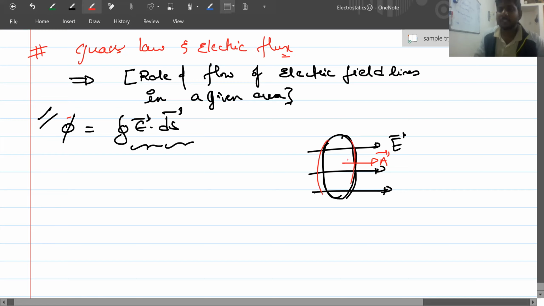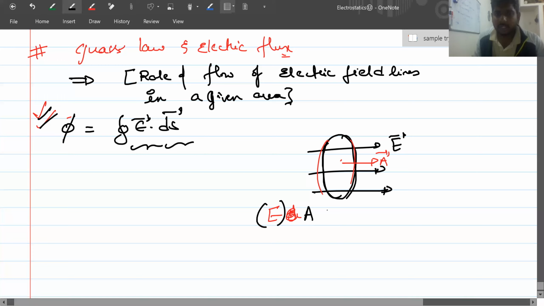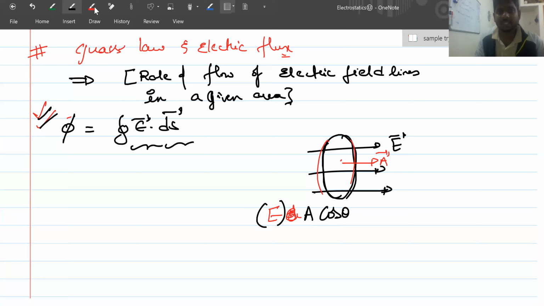The dot product between the electric field at this point and the area enclosed by it will give you the electric flux. So if we integrate all the electric field lines with this area dot product, E into A into cos theta, where theta is the angle between the electric field and the area vector.